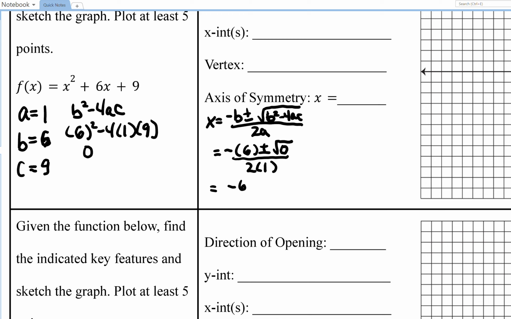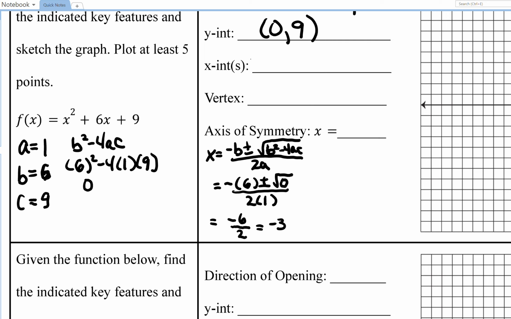Plus 0 doesn't add any, minus 0 doesn't change any, which is why we only have one solution. This is all over 2 times 1, or 2. Negative 6 divided by 2 is negative 3. So my x-intercept, there's only one, and it's negative 3, 0.